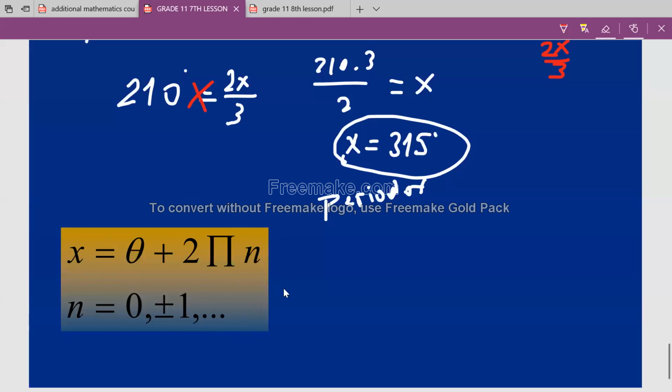About the exam, what are the topics that we need to study? Final exam, it's the same. First term topics. What we have learned: circular measure and trigonometry. But I will give you more details on how many questions and what type of questions you will have in the exam, in the next coming lessons, okay?